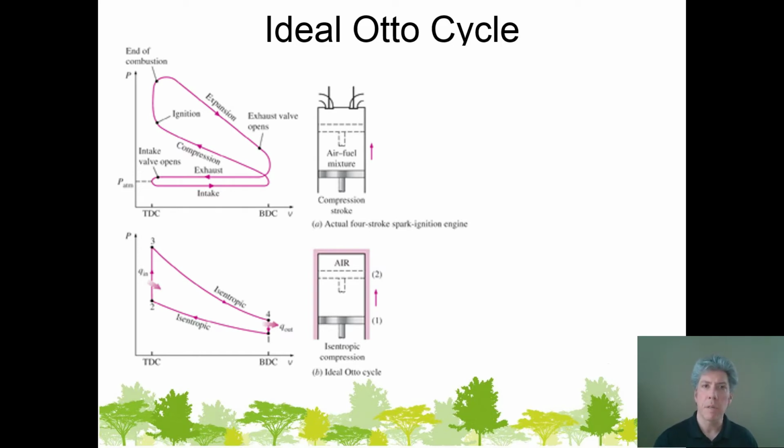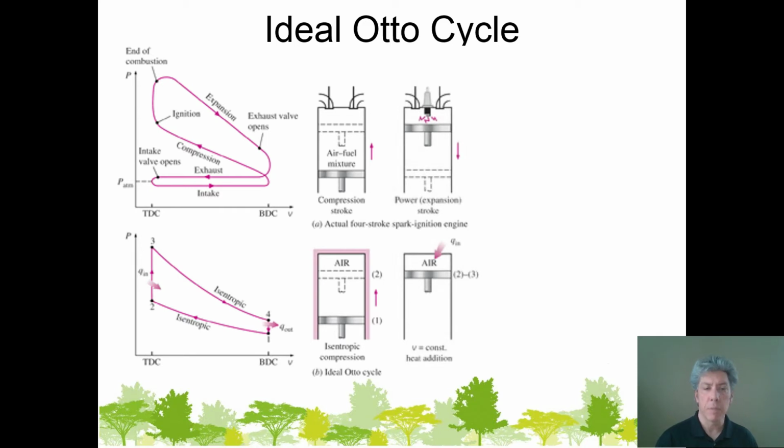The compression process happens so fast that the amount of heat loss from that little quantity, or that single charge, is fairly low. So this is not a horrible approximation. It's supposed to get us in the ballpark. So the idea that the first process is an isentropic compression is not such a bad approximation.